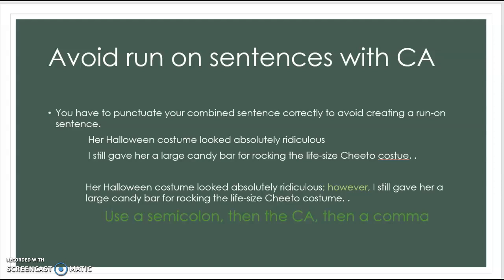So let's look at these two. Her Halloween costume looked absolutely ridiculous. I still gave her a large candy bar for rocking the life-size Cheeto costume. Okay. When I combine them using a conjunctive adverb, however, it's a semicolon, conjunctive adverb, comma. So the end of one independent clause, semicolon, conjunctive adverb, comma, the second independent clause.